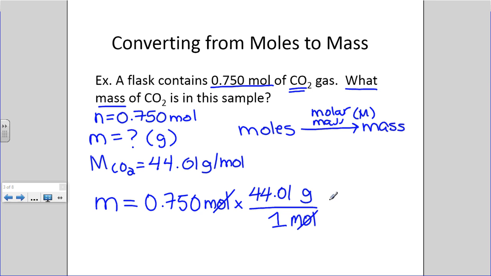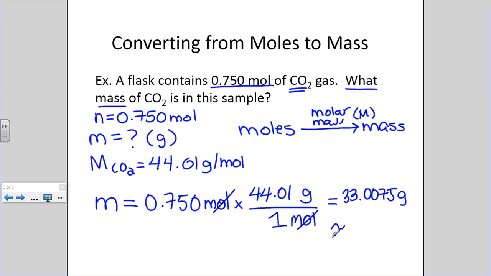So again, pause, see if you can come up with the answer, and for practice, round it to the correct number of significant digits. Okay, now that you're ready to check, you should get 33.0075 grams as an unrounded answer.